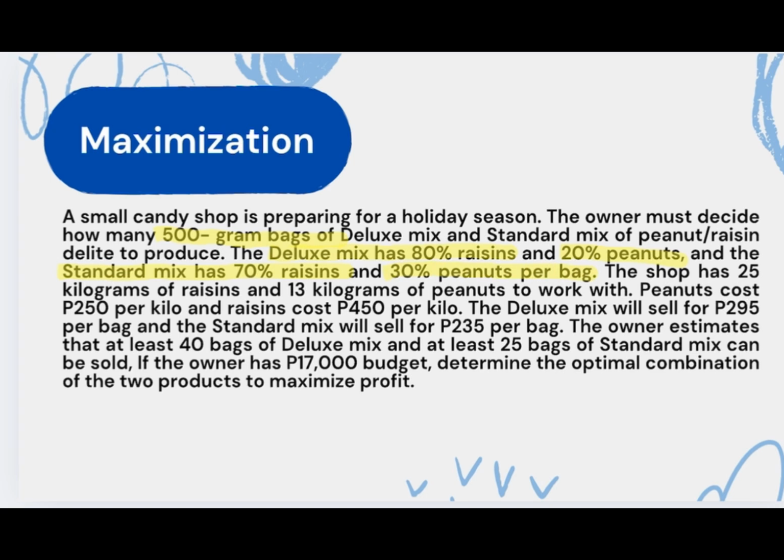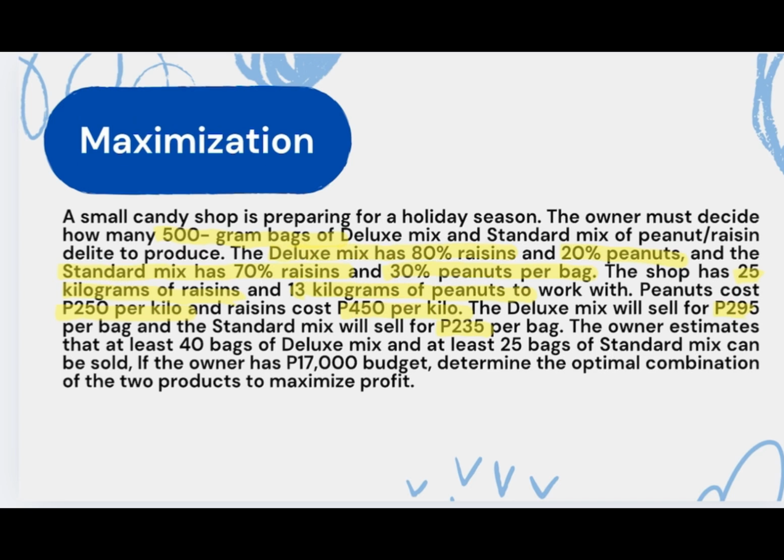The shop has 25 kilograms of raisins and 13 kilograms of peanuts to work with. Peanuts cost 250 per kilo and raisins cost 450 per kilo. The deluxe mix will sell for 295 per bag, and the standard mix will sell for 235 per bag.